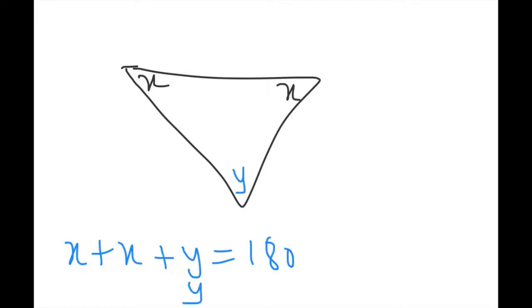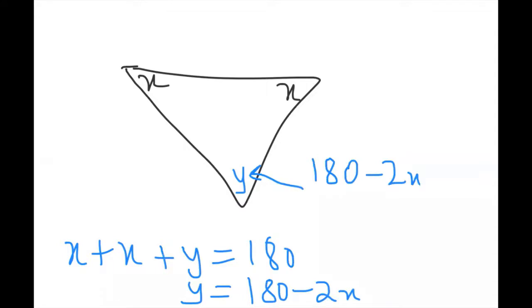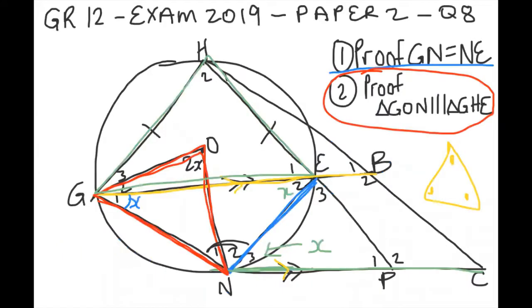And if they're all equal to 180, then y equals 180 minus 2x. So that means this over here is 180 minus 2x. So we are not talking about this part over here. It's 180 minus 2x.